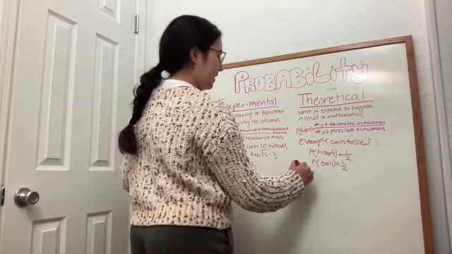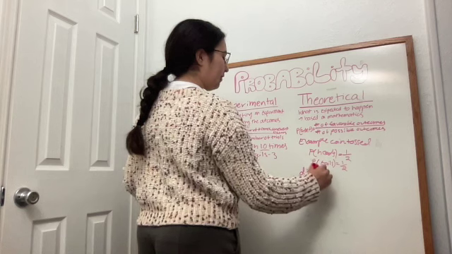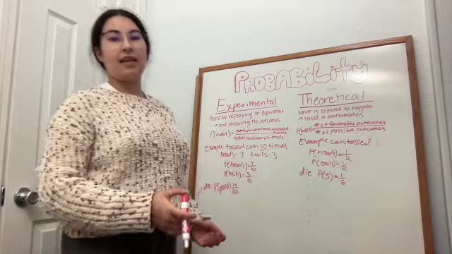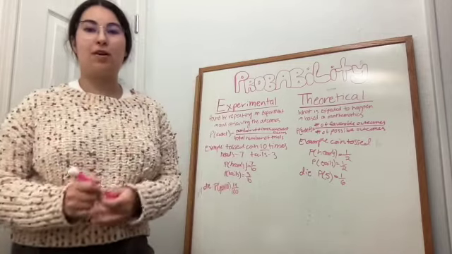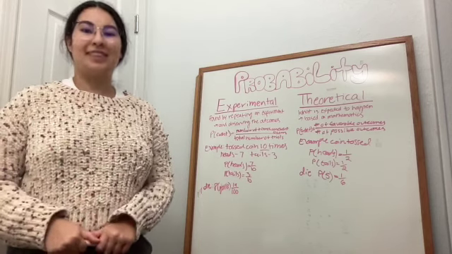And then for this, a die was rolled, so the probability to get a 5 would be 1 out of 6 because there are 6 sides and we got a 5 once. I hope that makes sense. Let me know if you have any questions before we begin our next example with the spinner.